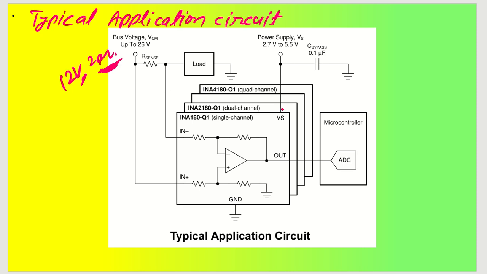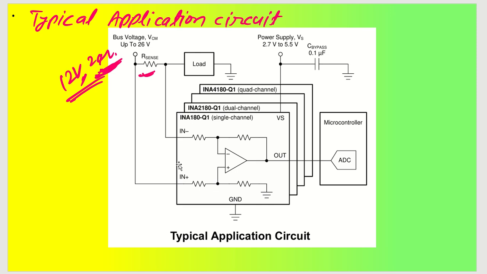Let us say we have a 12 volt input here, and we have a shunt resistor, that is the sense resistor, here. This sense resistor will be connected across the inverting input and non-inverting input of this particular current sense amplifier, and then it can go ahead to your load circuit.